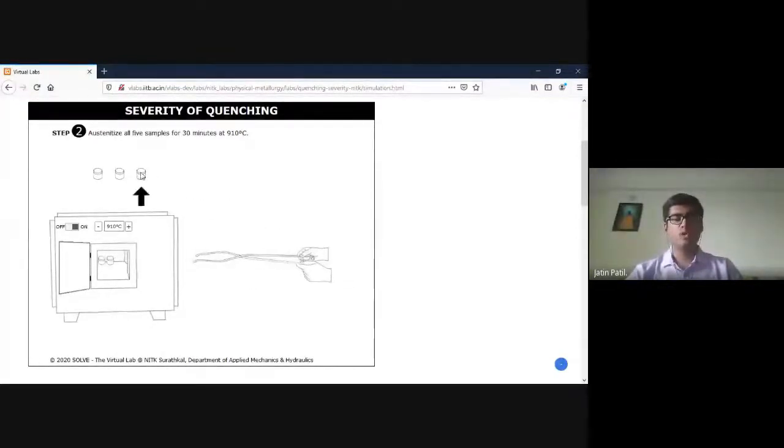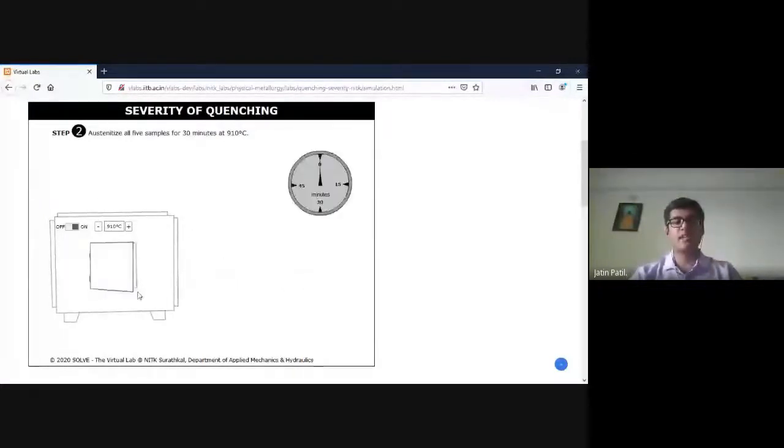It's important to note that we are austenizing the samples. Austenizing involves heating the samples above the eutectoid temperature, which is 727 degrees Celsius, and we're austenizing for a total of 30 minutes at 910 degrees Celsius. This 30 minutes ensures uniform austenization, after which we switch off the furnace.